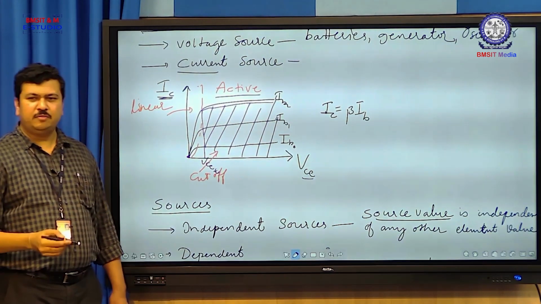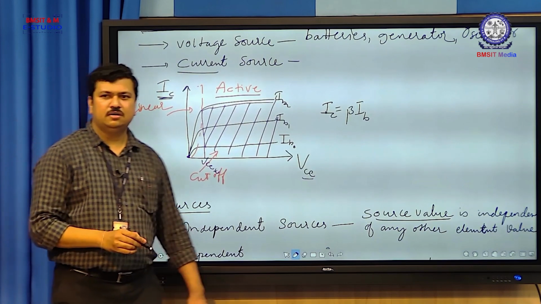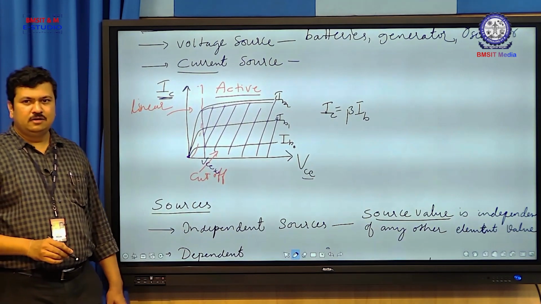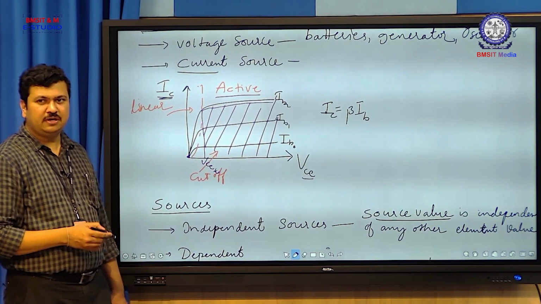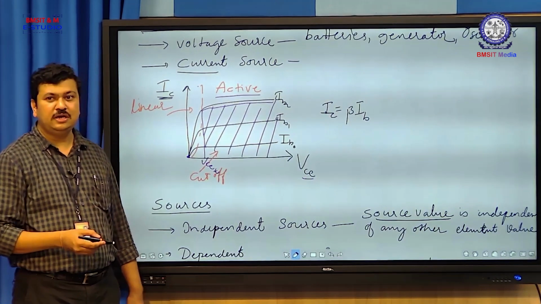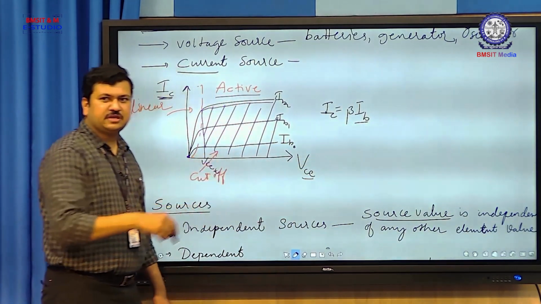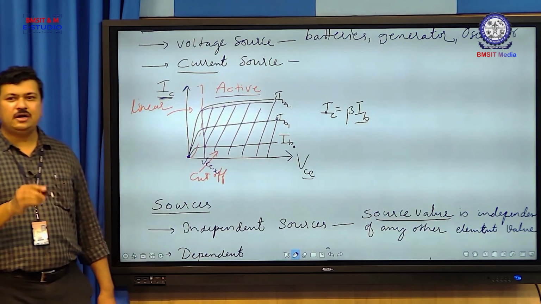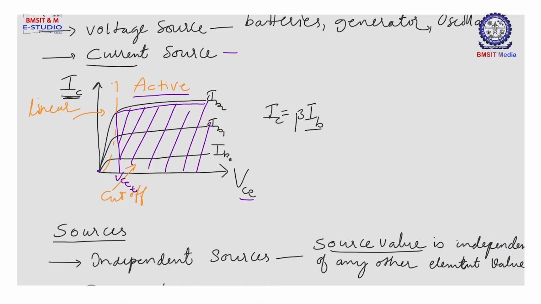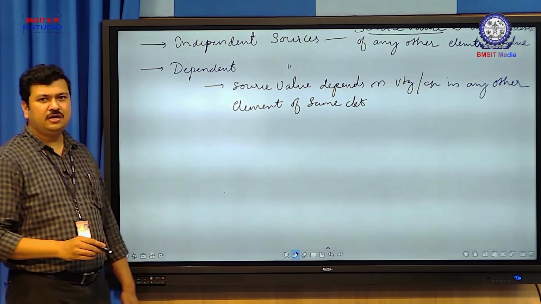So, if I vary the base current, the collector current varies depending upon my current gain beta. So, though this device is operating as a current source in its active region, the value of output current is not independent, it is depending upon some other current in the same circuit. So, I can visualize the transistor as a dependent current source. These are the two basic types of sources, dependent source and independent source.